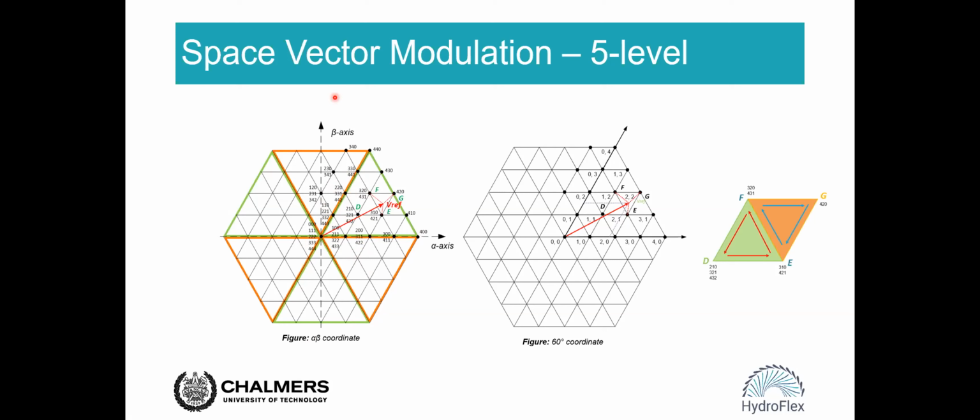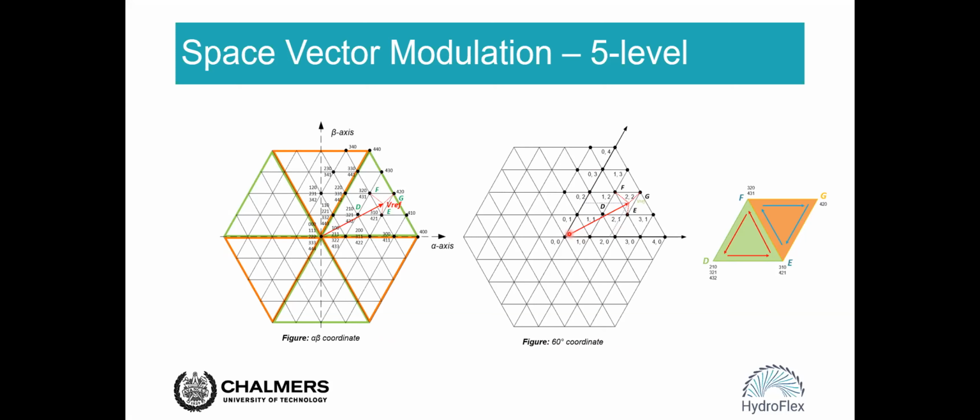So if we want to implement this in simulation or an actual control unit, we need to find a general algorithm to do the trick. What we can do is transform this alpha beta coordinate to another coordinate, which is called the 60-degree coordinate.